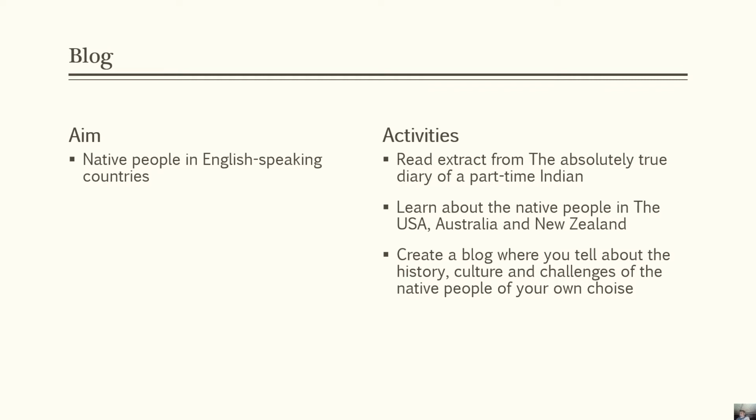Later the learners were to create a blog where they told about the history, culture and the challenges. Earlier we had read parts of The Absolutely True Diary of a Part-Time Indian, so the learners were familiar with aspects of the Native American people and the challenges they are facing. This way they had some pre-knowledge of what to include in their blogs.